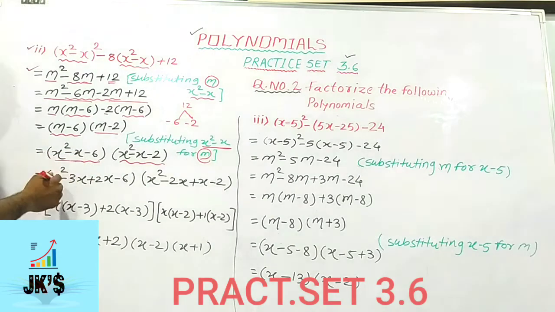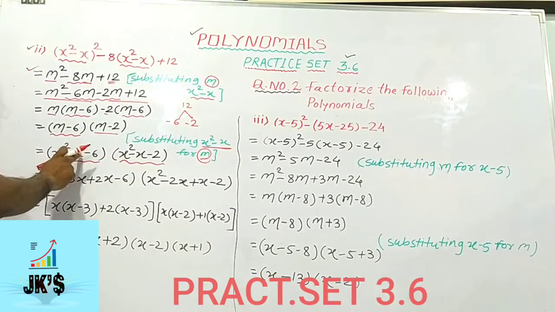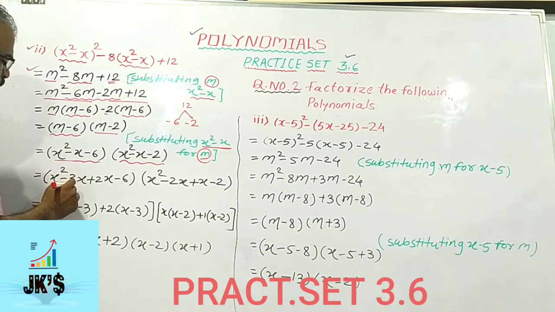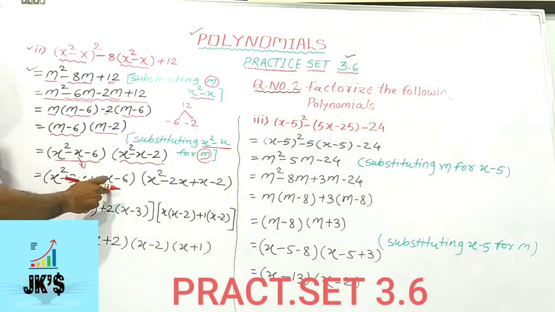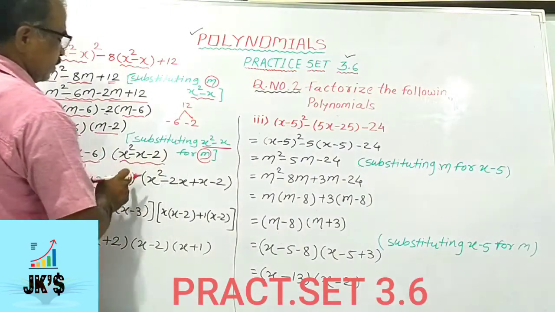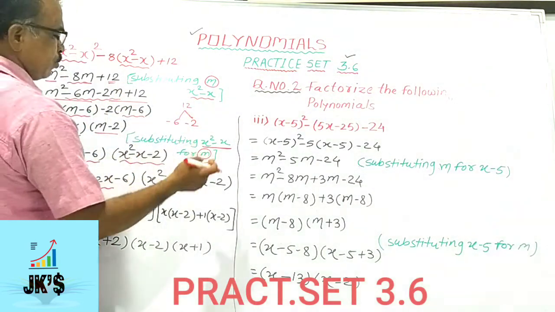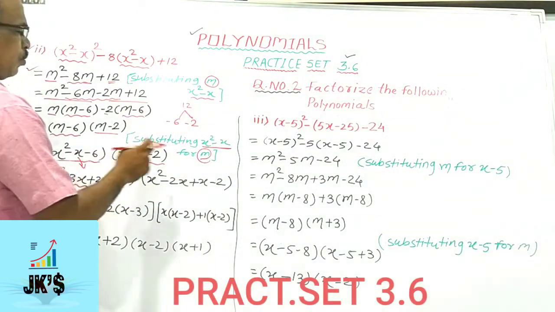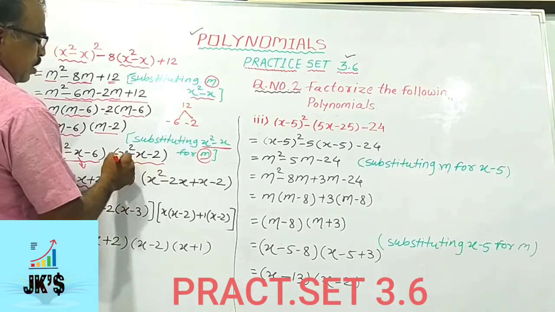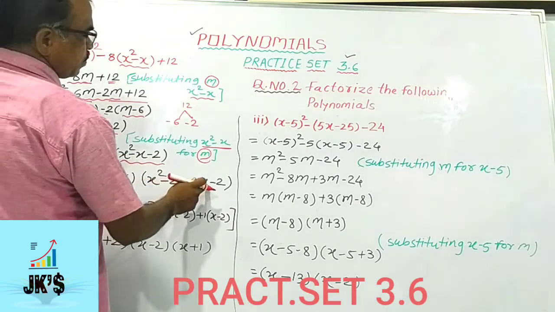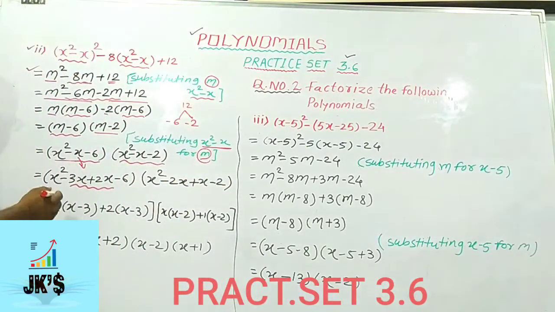In −6, we factorize such that the difference is 1, that is 3 and 2. So this −x is split as −3x + 2x − 6, and similarly −2 is factorized as −2 + 1. So x² − 3x + 2x − 6.